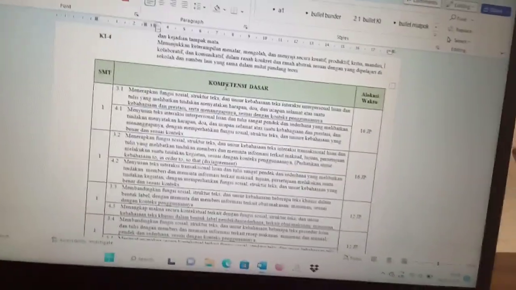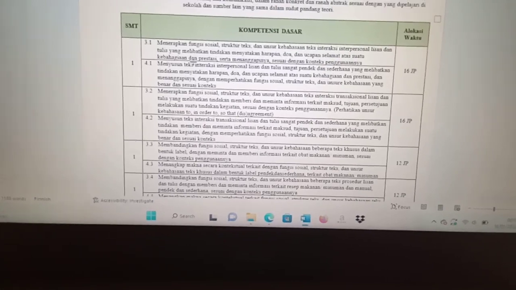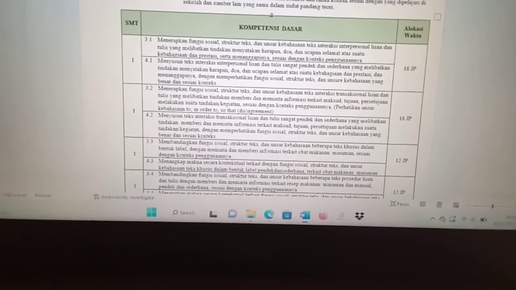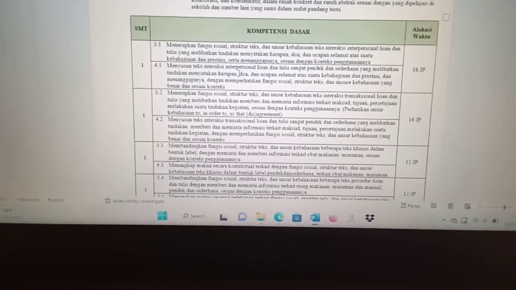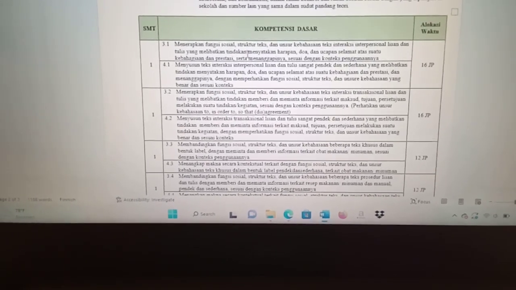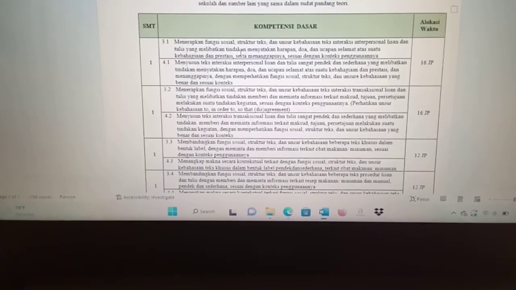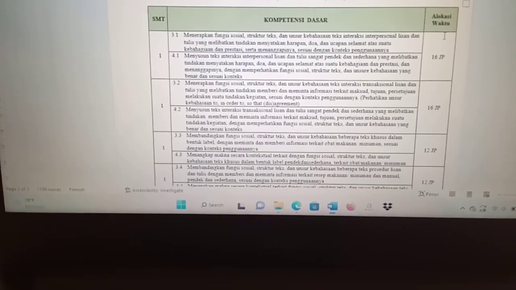So here is the semester 1, and here is the basic competence, or the material, or what we need to give to our students. And here is the time allocation.